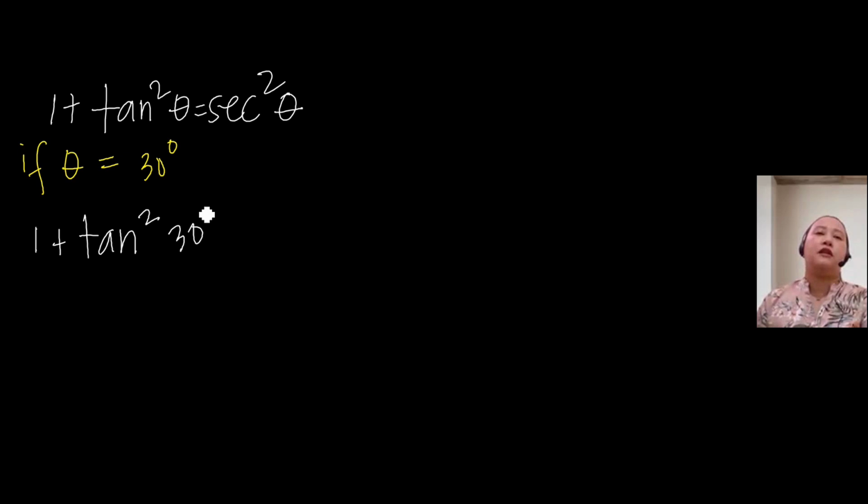For example, if you want to use a value for theta, say 30 degrees, you substitute 30 degrees on the left side and the right side, wherever you see theta. So we have 1 plus tangent squared of 30 degrees equals secant squared 30 degrees.